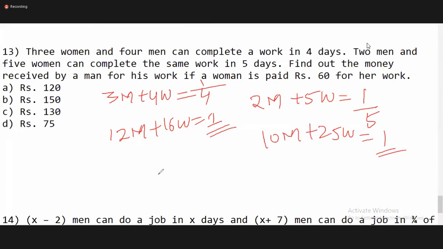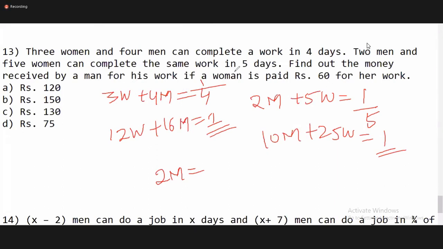Can I equate these two? Could you equate this and tell me? Can I say 2 men is equals to, what is the difference here? Okay, 3 women and 4 men. I'm so sorry. 3 women and 4 men, women, men.